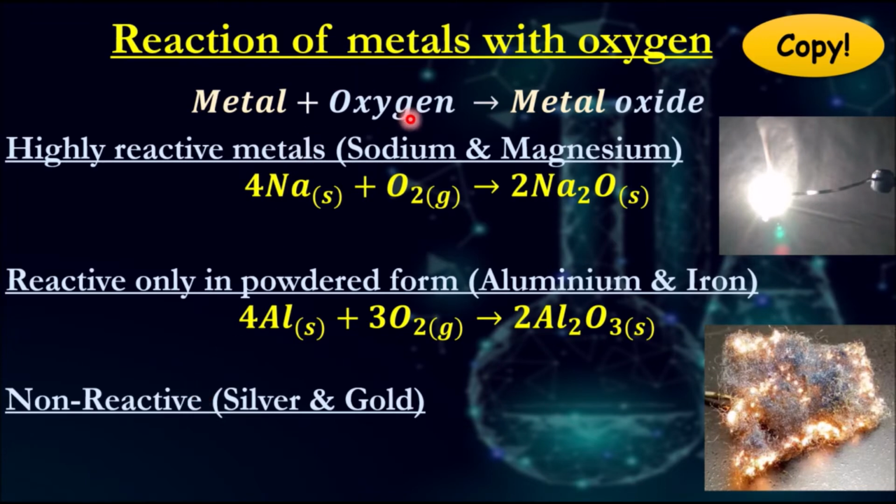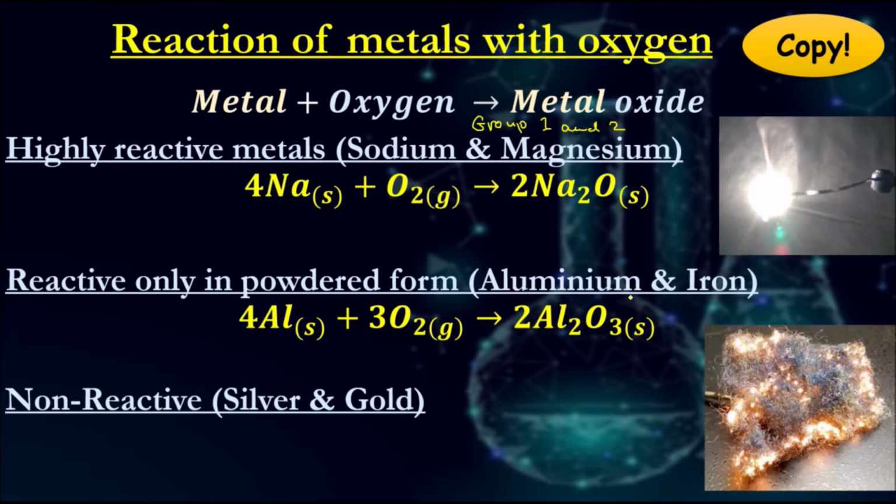So a couple of patterns you might need to take note of. Firstly, when a metal reacts with oxygen, it will form a metal oxide. There are different categories. We have the really reactive metals, such as sodium or magnesium, from group 1 and 2. They are very reactive with oxygen.